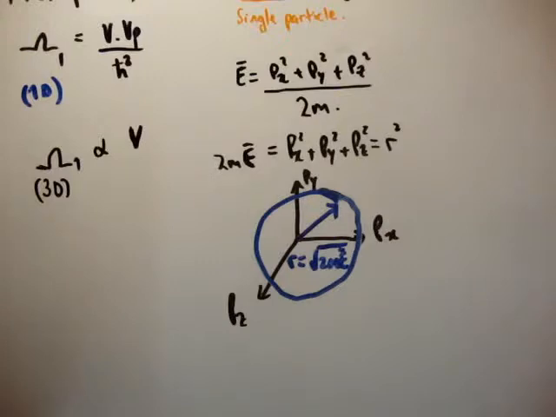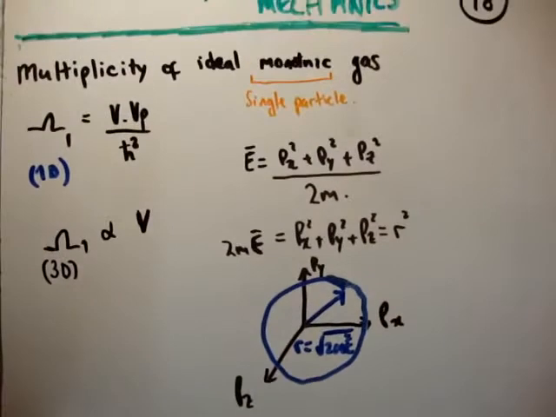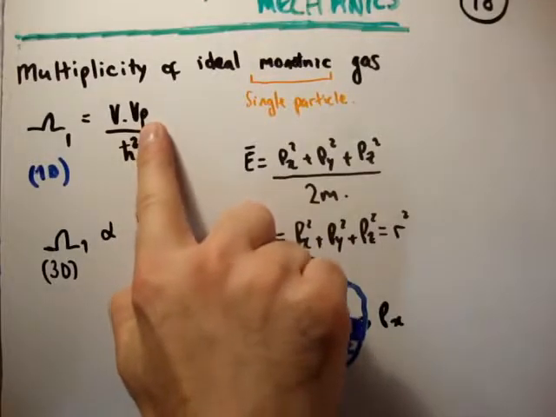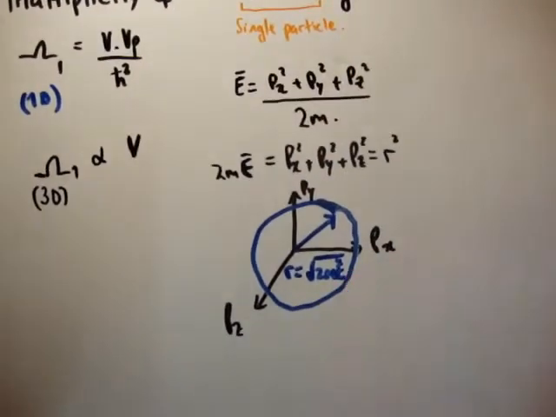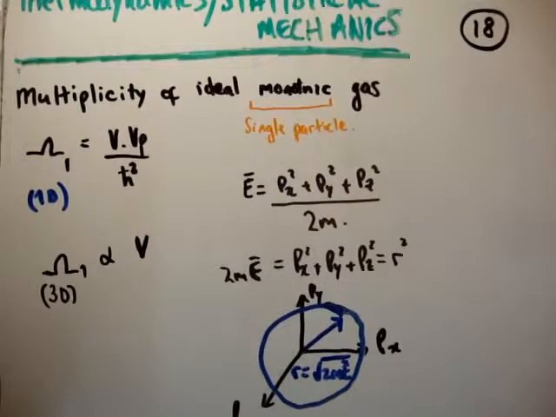Now, I understand that we're not talking about a volume really. I'm after saying it should be the volume in momentum space, but here I'm really talking about a surface area. So just bear with me for a second. It's not going to be very rigorous. So I'm going to leave the V sub p where it probably should be surface area sub p. All right.